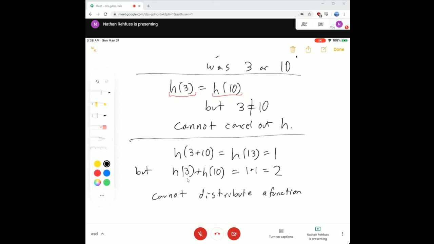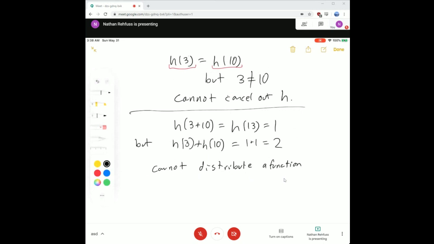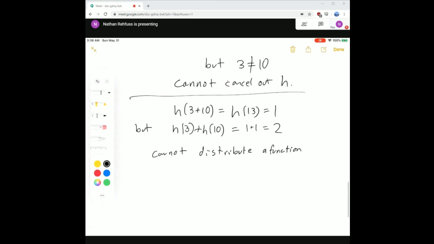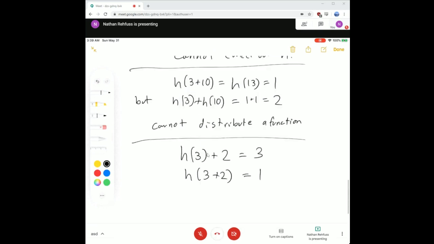I'm allowed to add 2 outputs together on the outside and get 1 plus 1 is 2. What I can't do is h of 3 plus 2 is equal to 3, but h of 3 plus 2, that's h of 5, and that's equal to 1. So you can't move things from the inside to the outside without knowing something specific about the function.